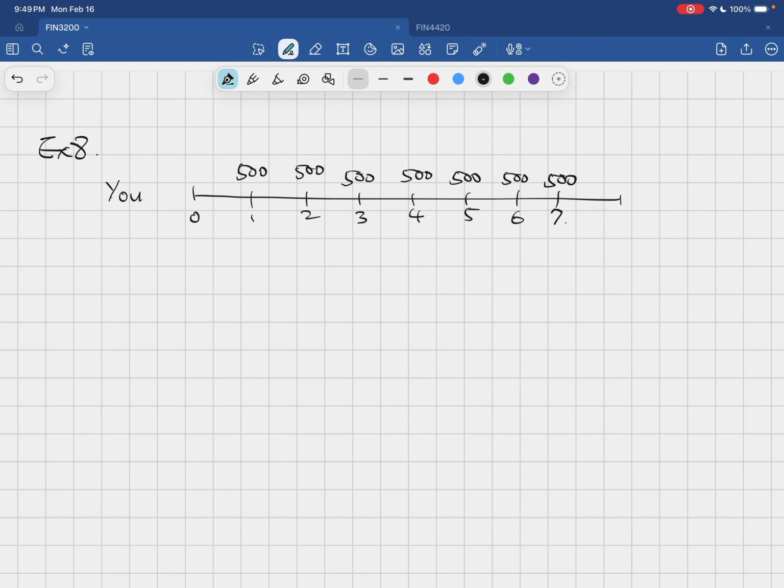So the first step is to recognize what type of cash flow pattern you're dealing with. Here, it's clearly an annuity. It's a regular annuity.